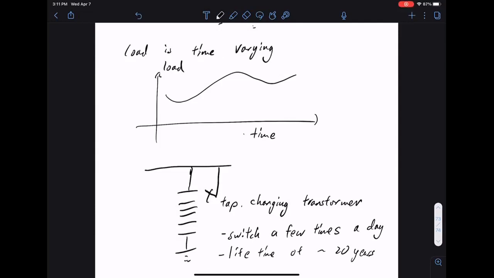It operates, let's say, 4 or 5 times a day. A lot of times when it switches, it's actually hard coded. You switch at 10 a.m., you switch at 5 p.m., things like that. So this is how things work today.